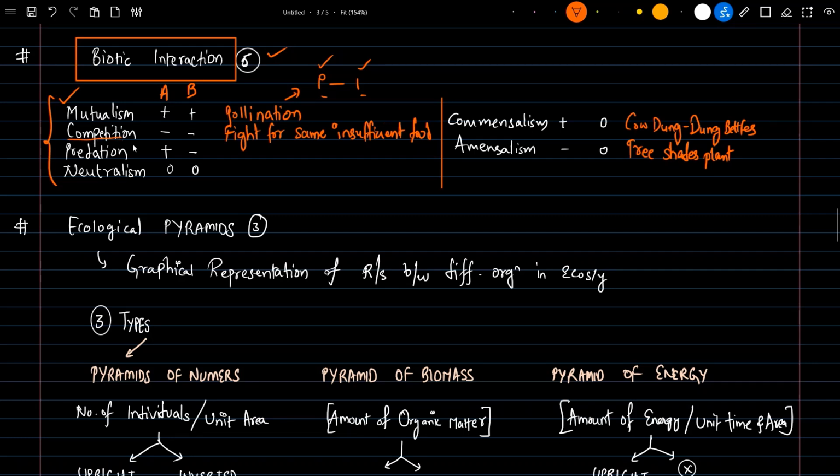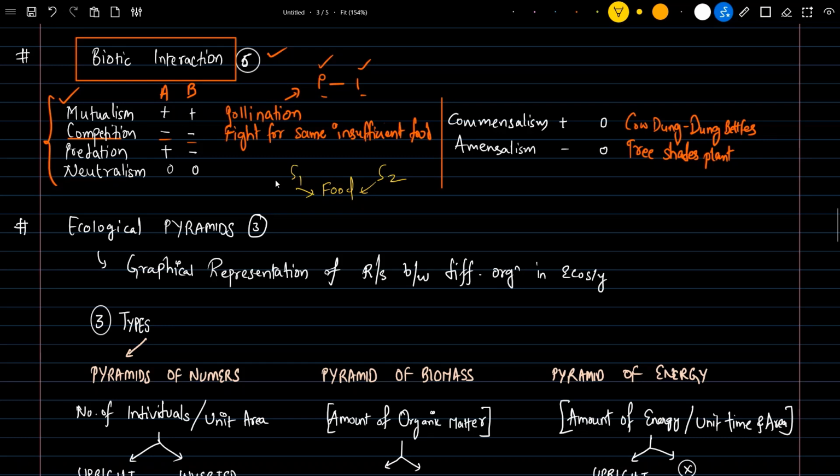Next is competition. Due to competition, both will be losing. Both species A and species B will be losing. For example, let's say a particular food is there. Species one is eating it, and species two is also eating it.